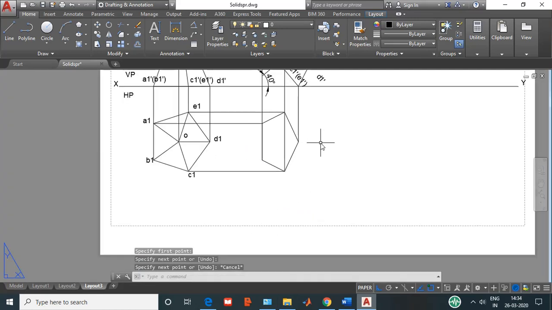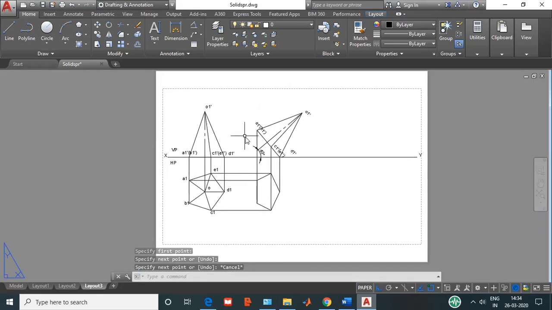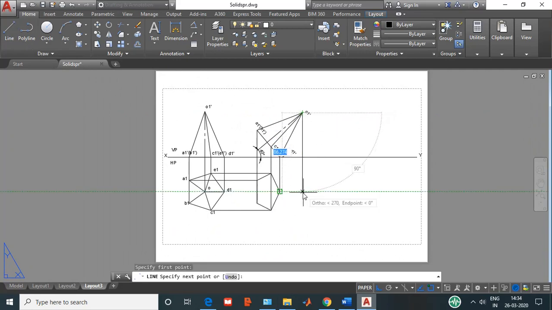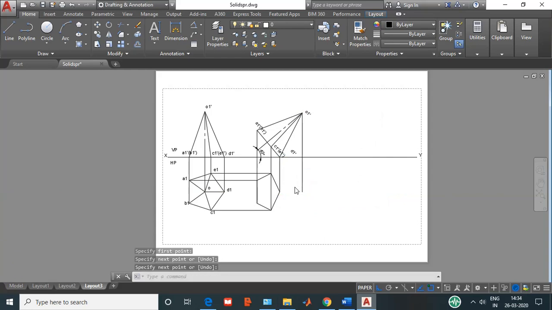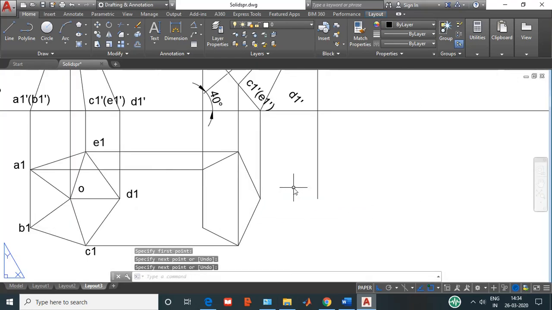Now I need to project the apex. The apex will be on the same line as D. The important thing to look at here is that I need to join a slant edge from all the corners to the apex without fail, because it's a pyramid and in a pyramid all the corners are joined to the apex by slant edges.